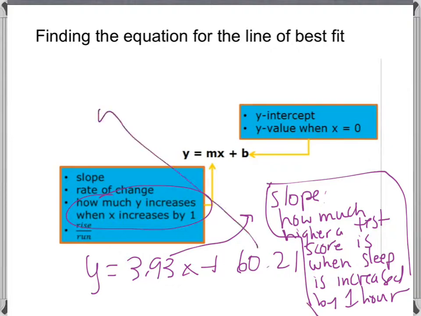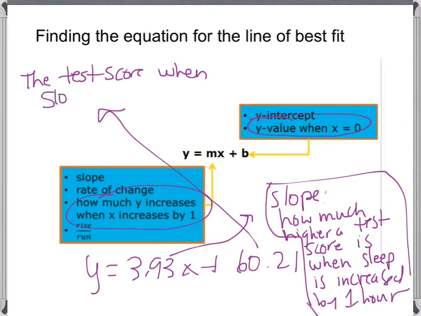Now, the 60.21 is the y value when the x value is 0. Let's interpret that in our context. So it's the test score when sleep equals 0. So when there has been no sleep.